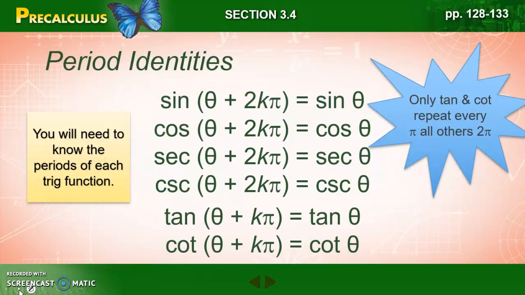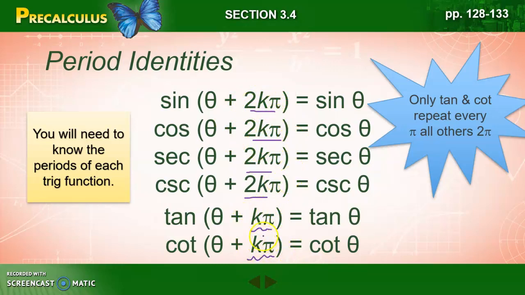Here is that list of period identities, and we're going to look at this in layman's terms, but you will need to know the periods of each trig function. The period of each trig function is 2 pi, except for tangent and cotangent. Tangent and cotangent are just pi. Sine, cosine, secant, and cosecant repeat every 360 degrees.